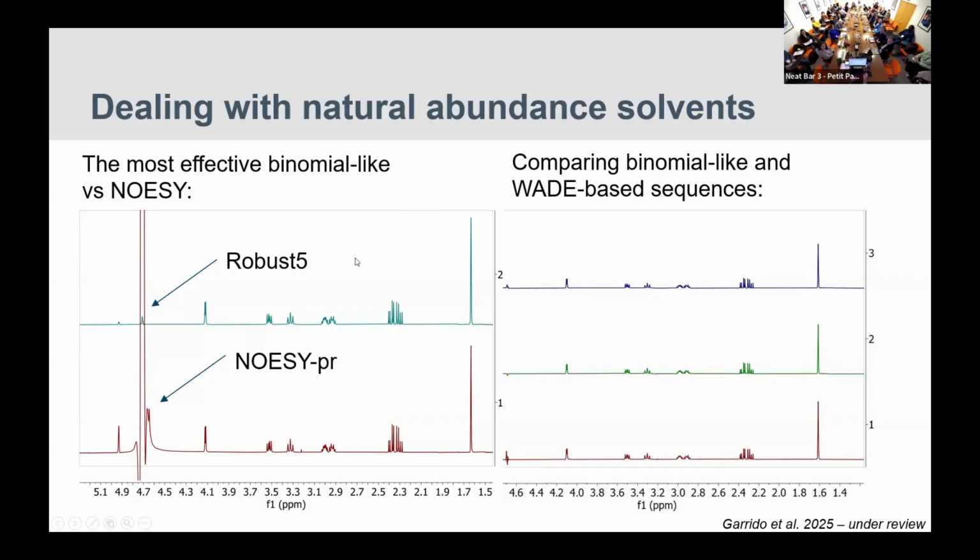And when you compare here different types of sequences that we used in this work, you can also see that not only the Robust 5, but also the weight-based and the JRS, which is another type of binomial-like sequence, are also producing very good suppression results.